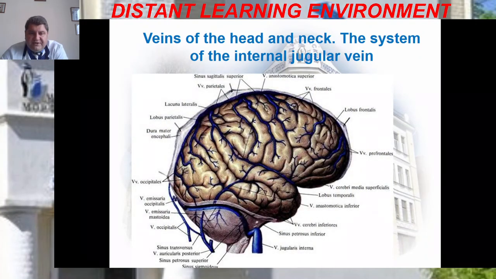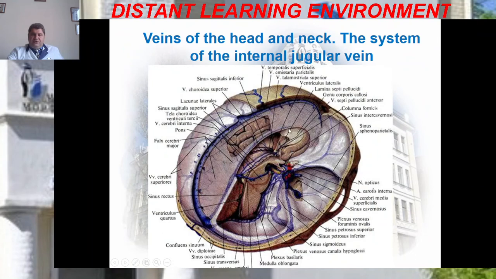On this picture you may see the veins of the brain, the cortical or superficial brain veins, which pass blood to the sinuses of the dura mater, and also the sinuses of the dura mater.